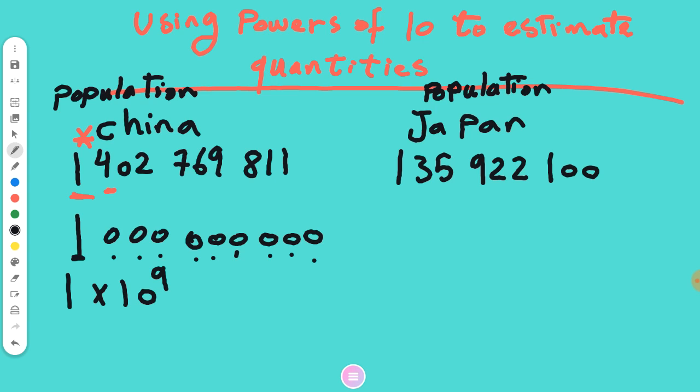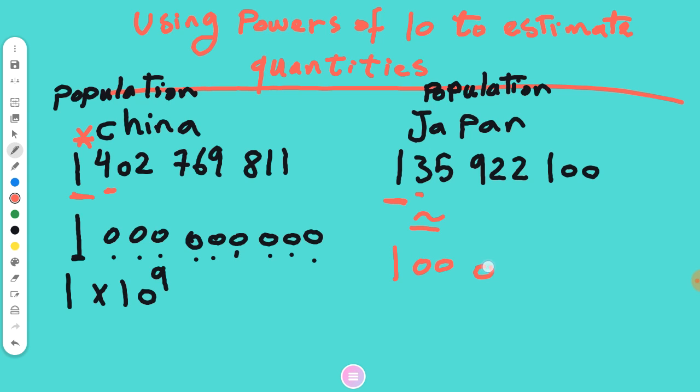Okay, let's apply the same for the Japanese population, okay? Actually, we round to the nearest biggest place value, which is 100 million. So I can write the estimated number as approximately 1, and 3 is one of the weak numbers, so it will not add 1 to the 1, so put 1 as it is, and the rest of the digits on the right-hand side will be 0.